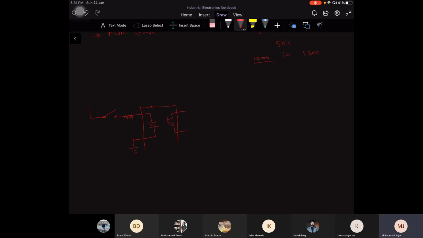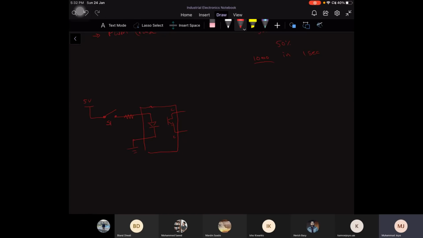Okay. So this is our optocoupler running at 5 volts. What happens when we press S1 is that it switches the collector and emitter.